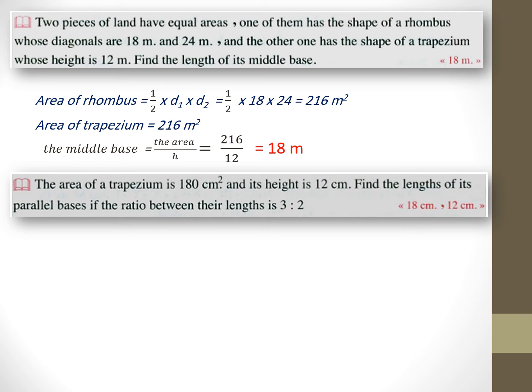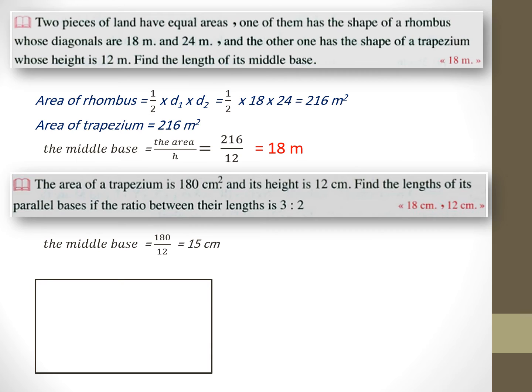From its givens, we can find the middle base. So the middle base will be 180 over 12 equals 15 centimeters. And we have another given, the ratio between the lengths of the bases, 3:2.